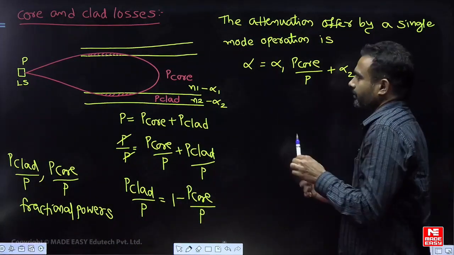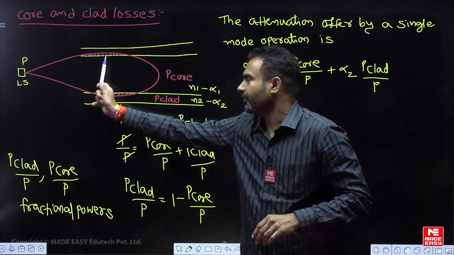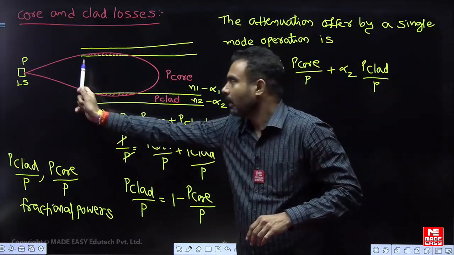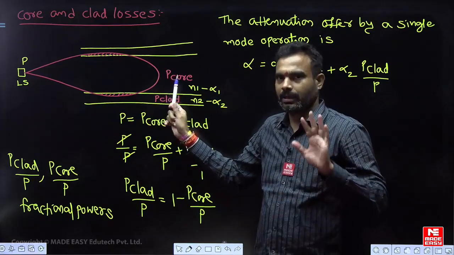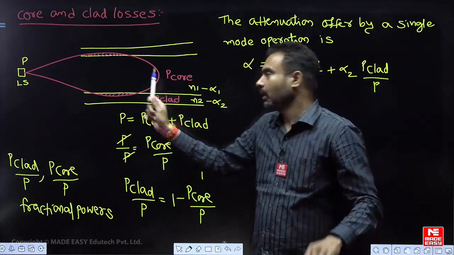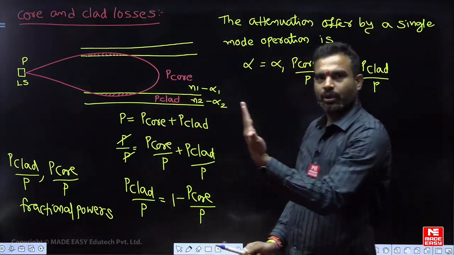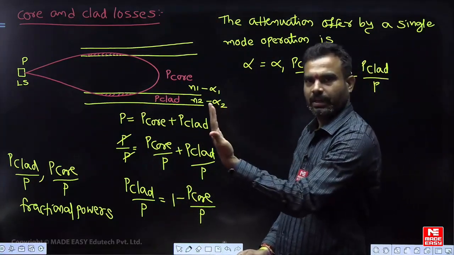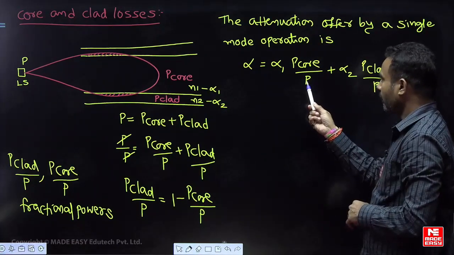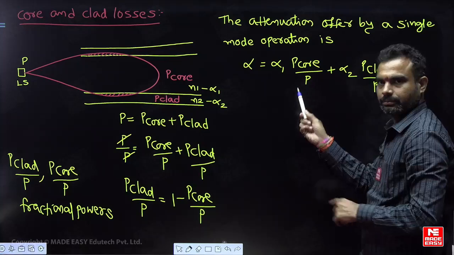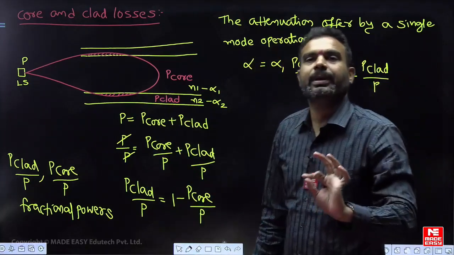For example, if you make coupling very effectively, entire power goes into the core only. Clear? If entire power is going into the core, observe, P core and P are the same. Then what is P clad? P clad is 0.